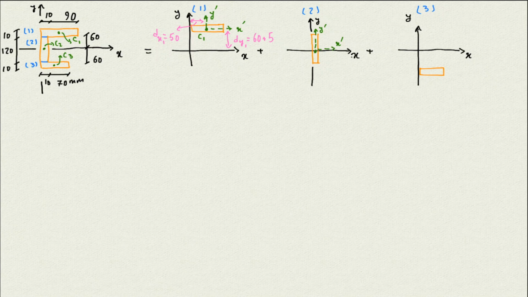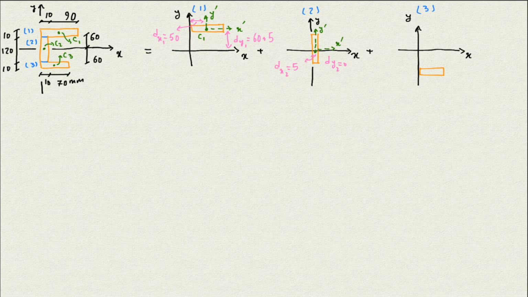So therefore the dy for the second one is 0, there's no distance between x prime and y prime, and this tiny distance here, let me show it up there, is going to be dx2, half of the width of this section, which is going to be 5.